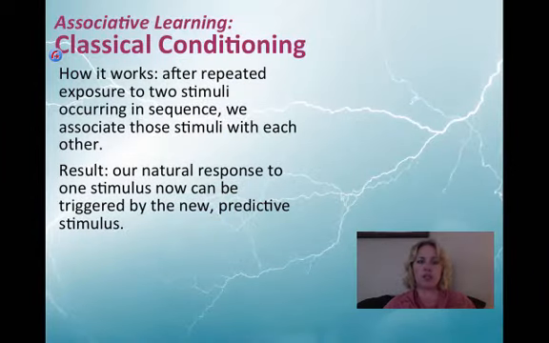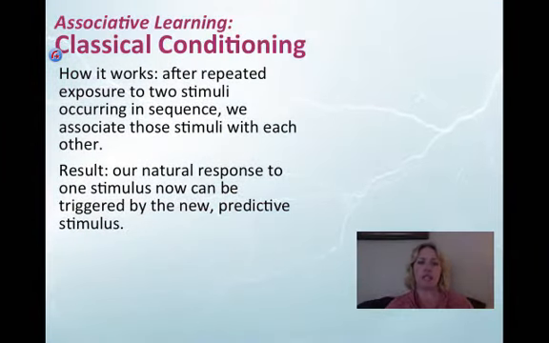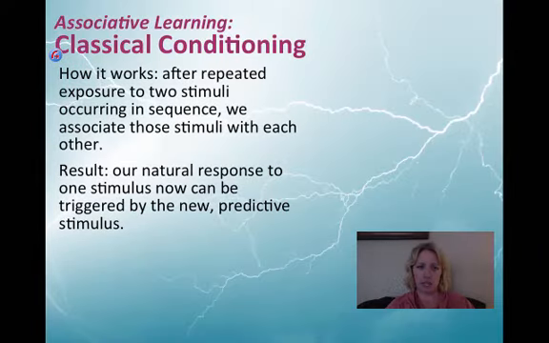Associative learning, which is this umbrella of all of these things, at its core is classical conditioning. How it works is that after repeated exposure to two stimuli occurring in sequence, we start to associate those stimuli together. The result is that a natural response to one stimulus can now be triggered by the new predictive stimulus.